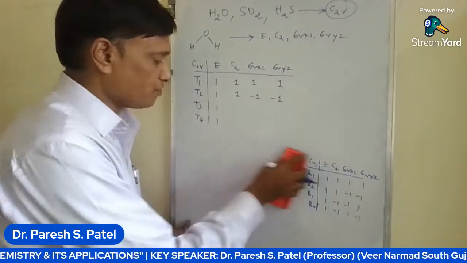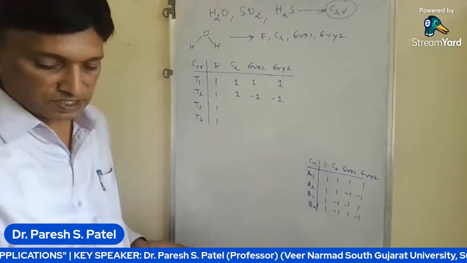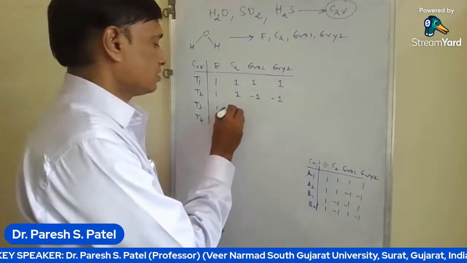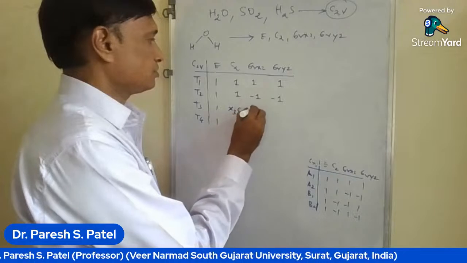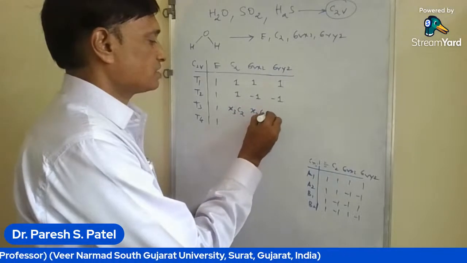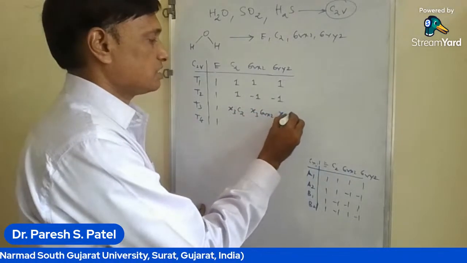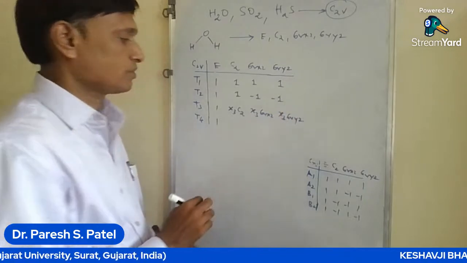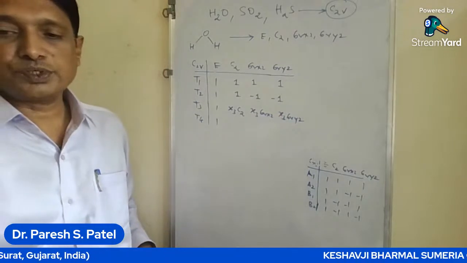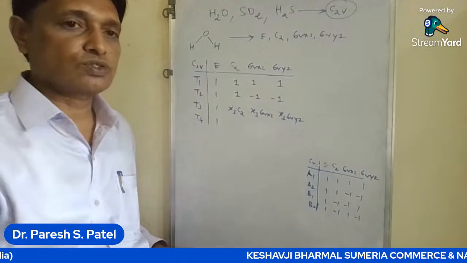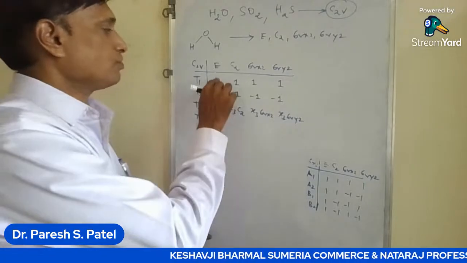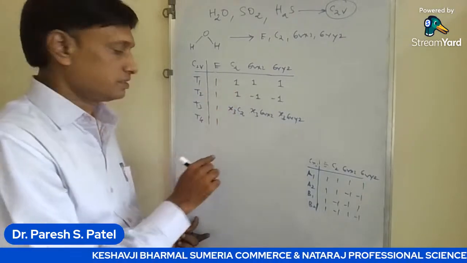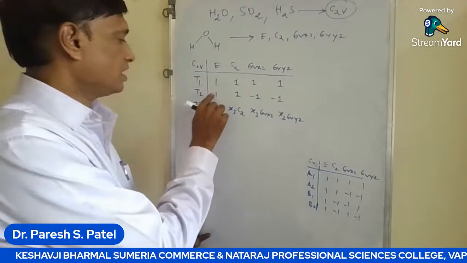Now similarly, if you go for the third irreducible representation, character 3 for C2, character 3 for sigma v xz, character 3 for sigma v yz. Any two irreducible representations are orthogonal to each other, so if you go for T1 and T3, and T2 and T3.